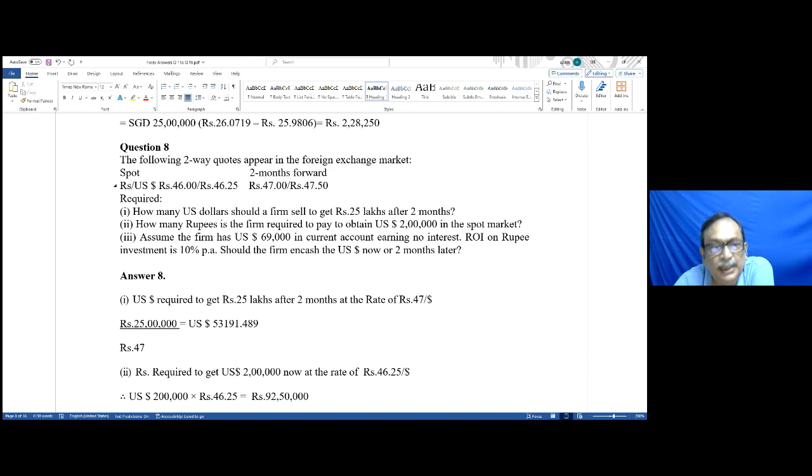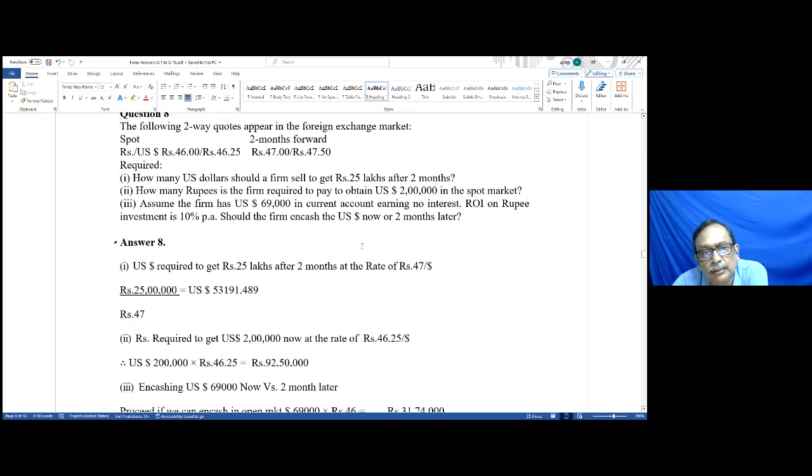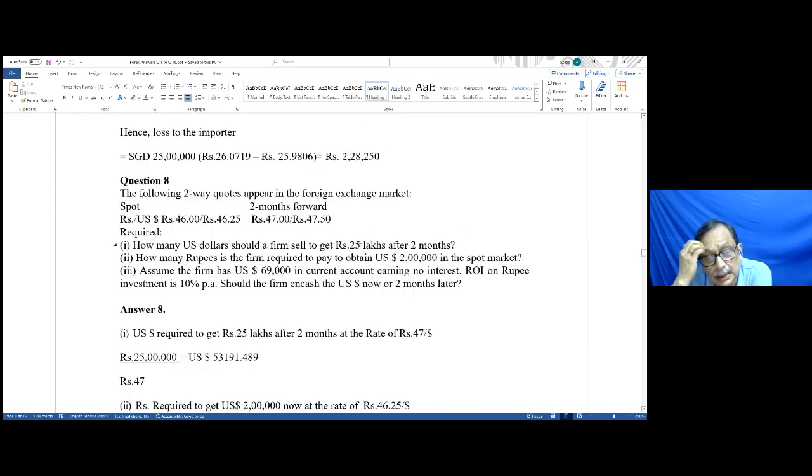It's better to write rupees small. So kindly go ahead with this, read it. Then I'm going to discuss. Just allow me 2 minutes, please.